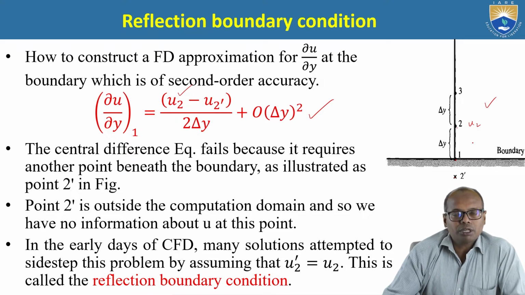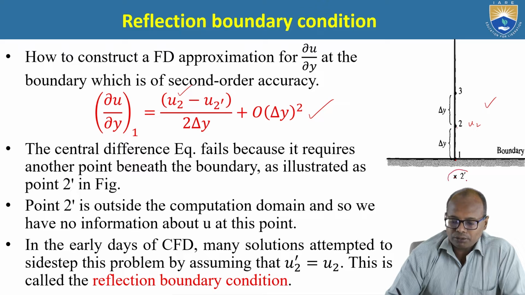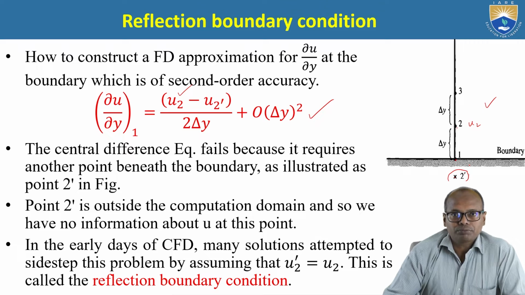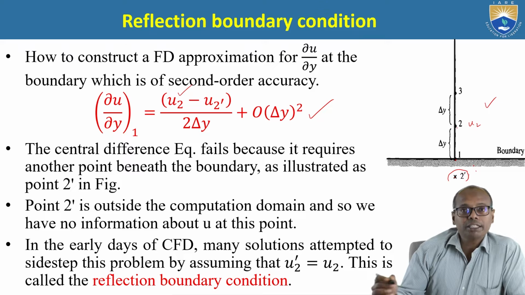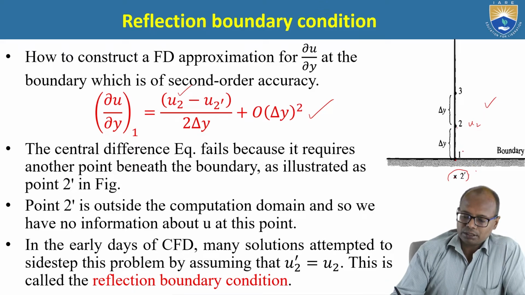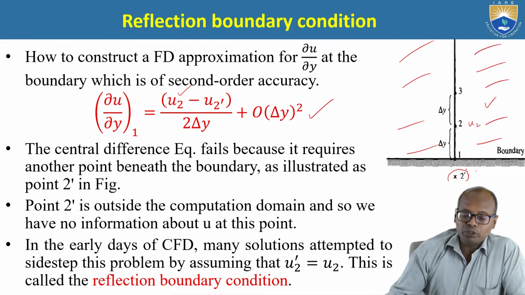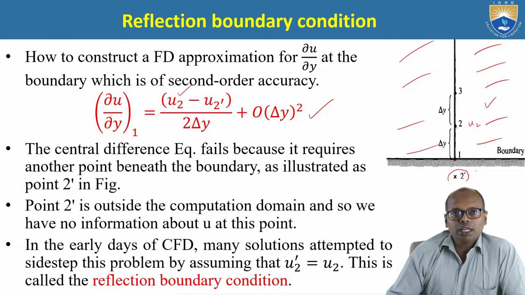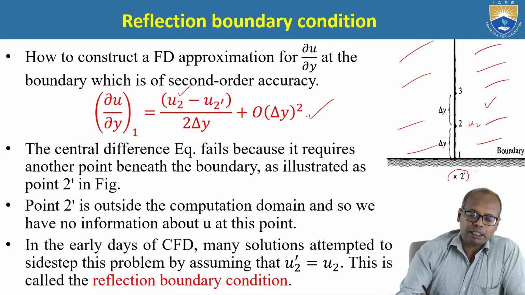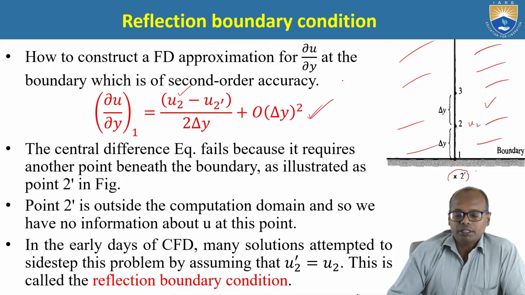The central difference equation that we derived from the Taylor series fails, because we don't know the value of the velocity u at this particular point 2 dash. Why? Because it is outside the computational domain. This is the computational domain we are talking about, and point 2 dash is outside it, and we don't have the values, so our central difference equation fails.